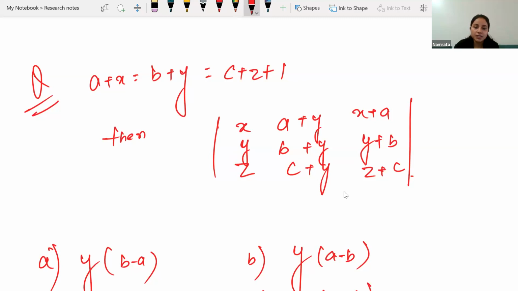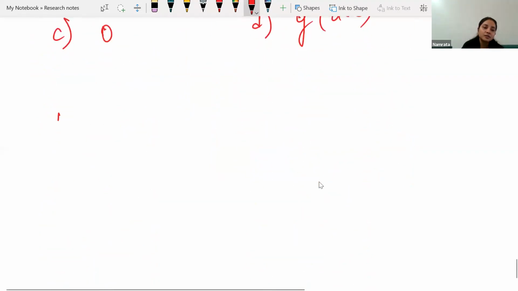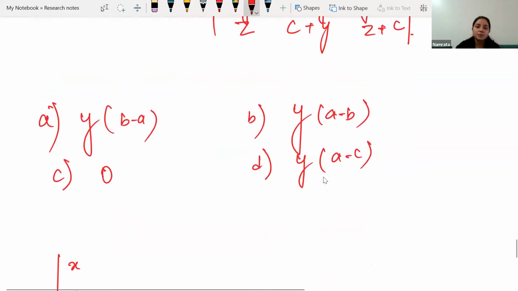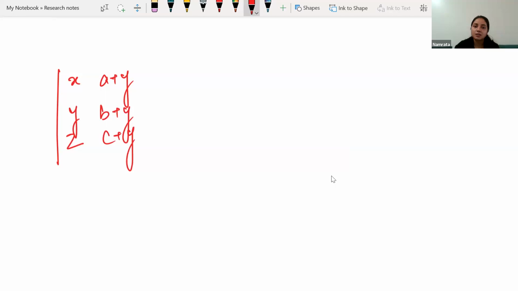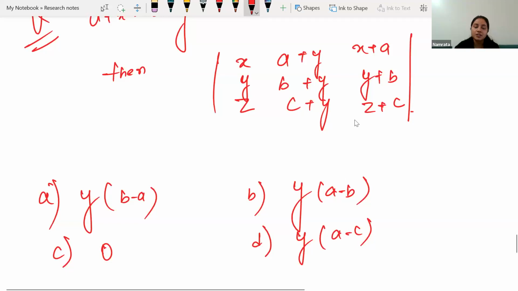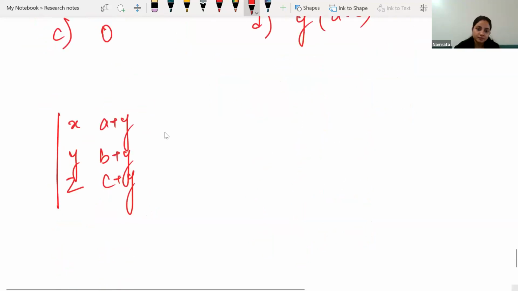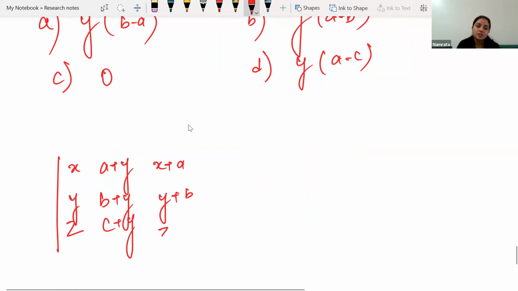Now, whenever we see this type of addition or subtraction between the elements in our determinant, we can write the given determinant as x, y, z, a plus y, b plus y, c plus y, and the last column x plus a, y plus b, and z plus c.